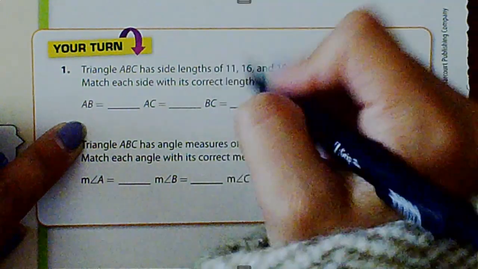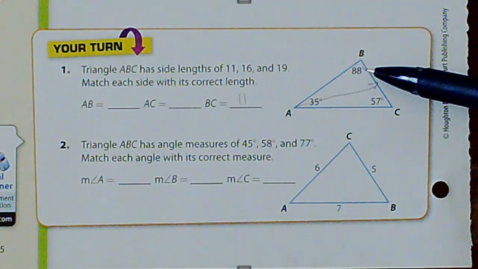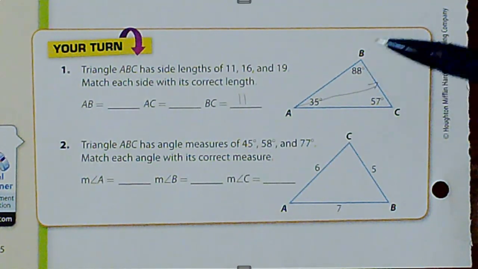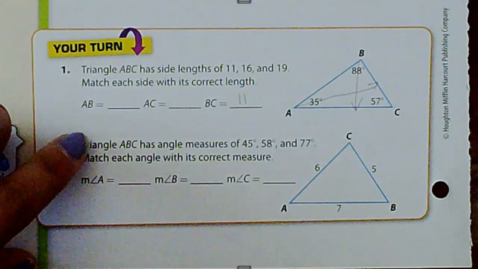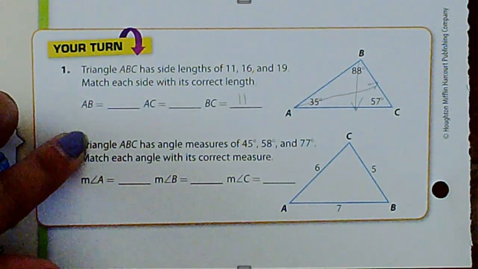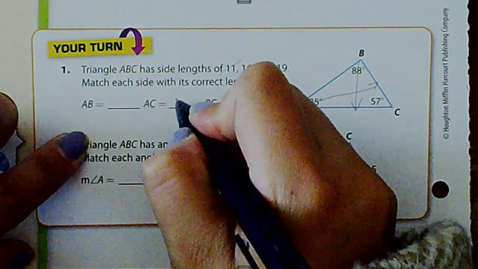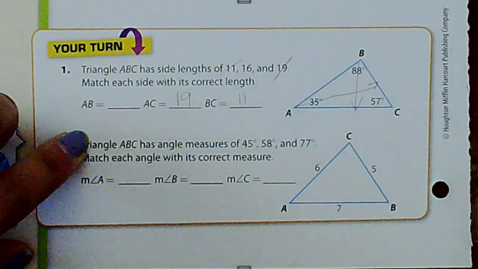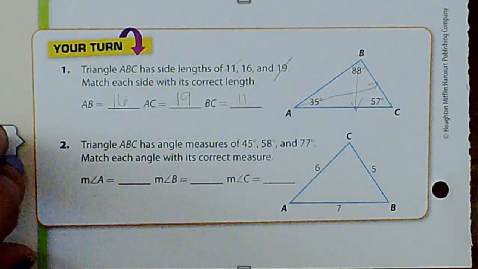So BC is 11. And then I like to find the largest angle. In this case, this happens to be angle B, which is 88 degrees. And the side opposite it is side AC. So that should be the longest length from our rule. So the longest is, if we mark out 11, would be 19. So side AC is 19. And then the only one left over is side AB, which is 16.